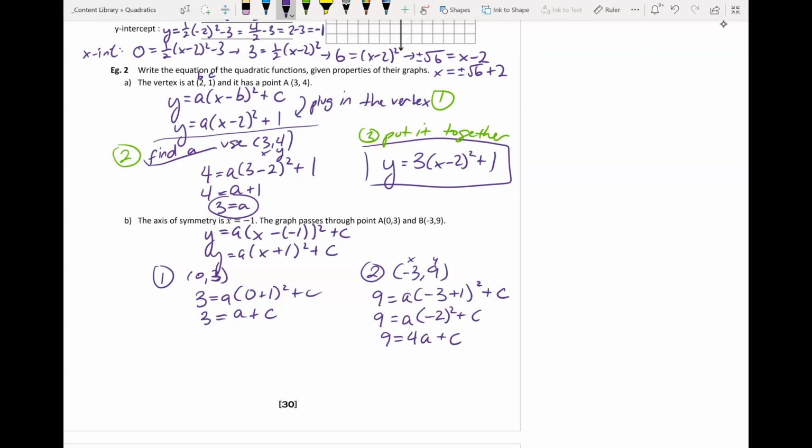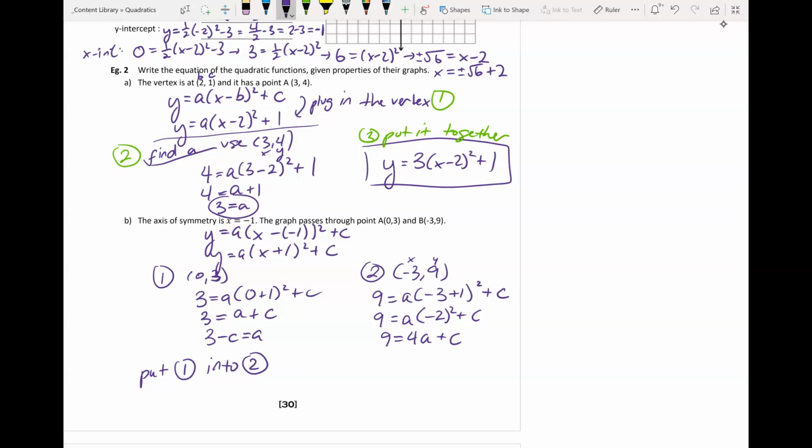So we're going to use a system of linear equations to solve for it. We have two different variables. I'm just going to rewrite this one here from equation 1, so I can say that a is equal to something. If I move c to the other side, or subtract both sides by c, I get 3 minus c is equal to a. I'm going to put equation 1 into equation 2.